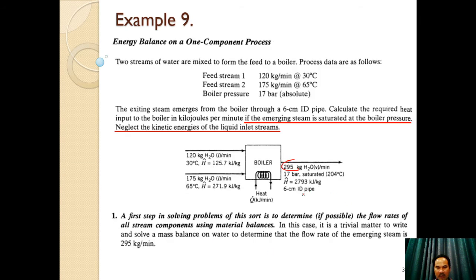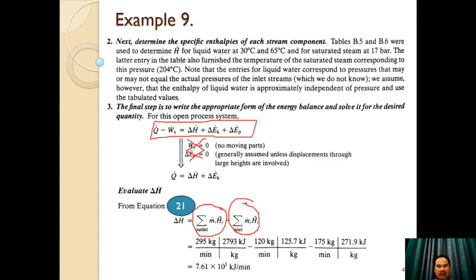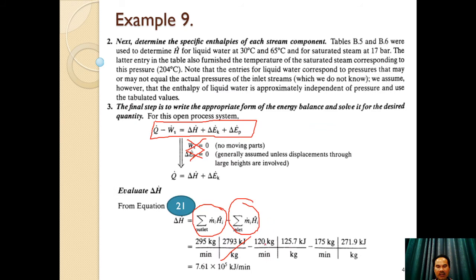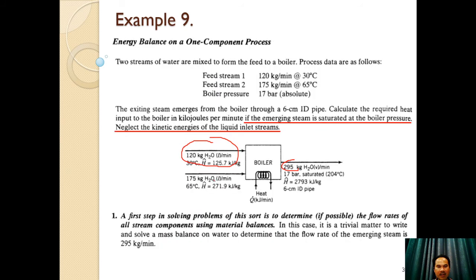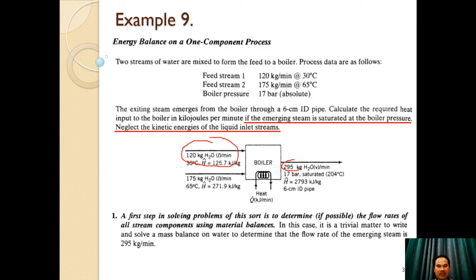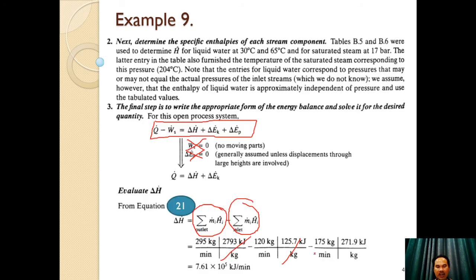The enthalpy of output is 2793. And for input we have two streams. The first stream is 120 kilogram per minute multiplied by 125.7 kilojoule per kilogram. The second stream is 175 multiplied by 271.9. And then you can calculate delta S equal to 7.61 multiplied by 10 power 4 kilojoule per minute.